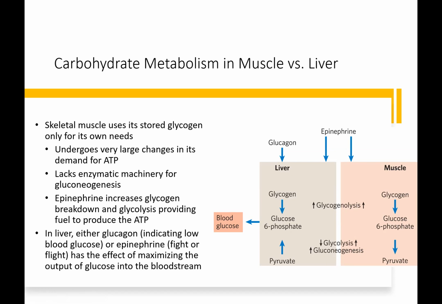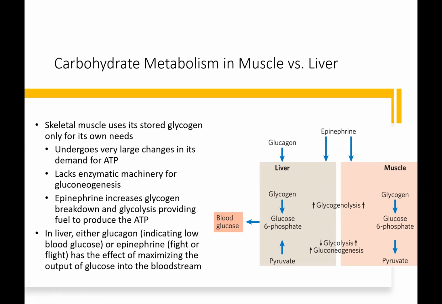So the liver, however, is in the business, as I've mentioned several times now, of responding to organism-wide needs for glucose. So it will actually not just use glycogen for its own needs, but it's very much in the business of replenishing blood glucose as needed, which is what we see here.